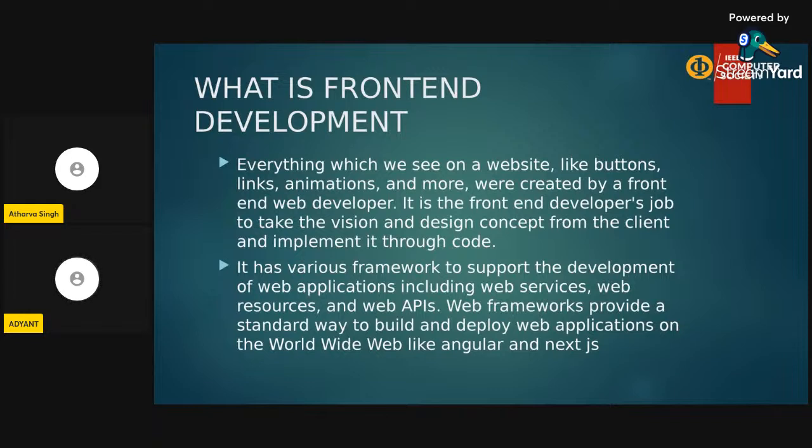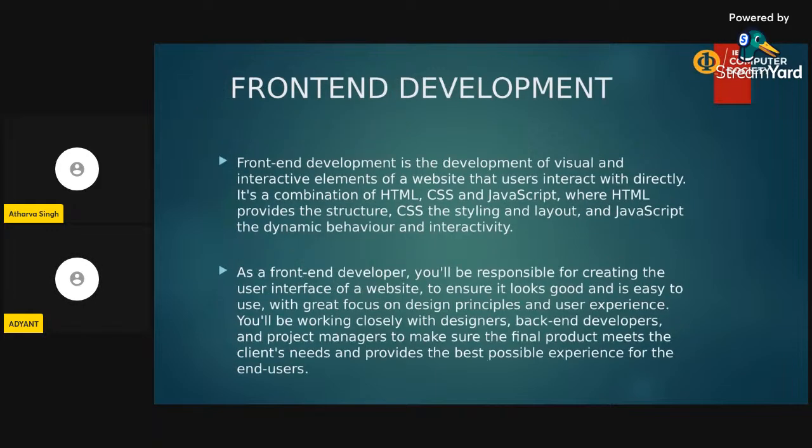Now I will come to the different aspects of front end development and how one should proceed to be a front end developer. It consists of mainly three parts: HTML, CSS, and JavaScript.